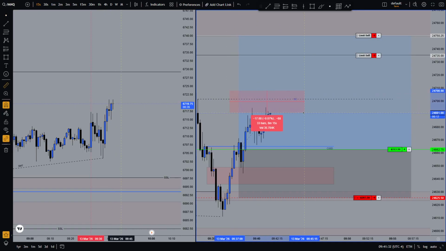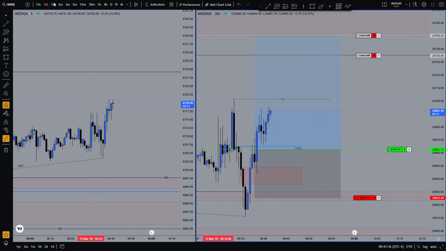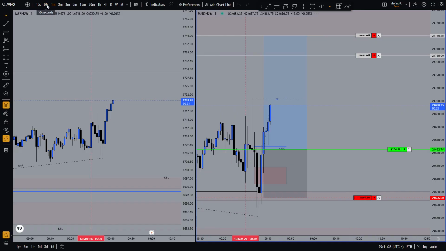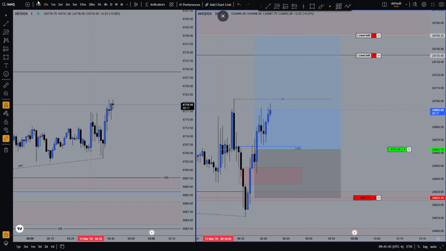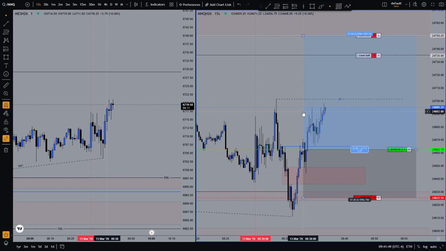Once we take this high, just trying to see what makes the most sense for me. We probably look to go full break even actually at the high.